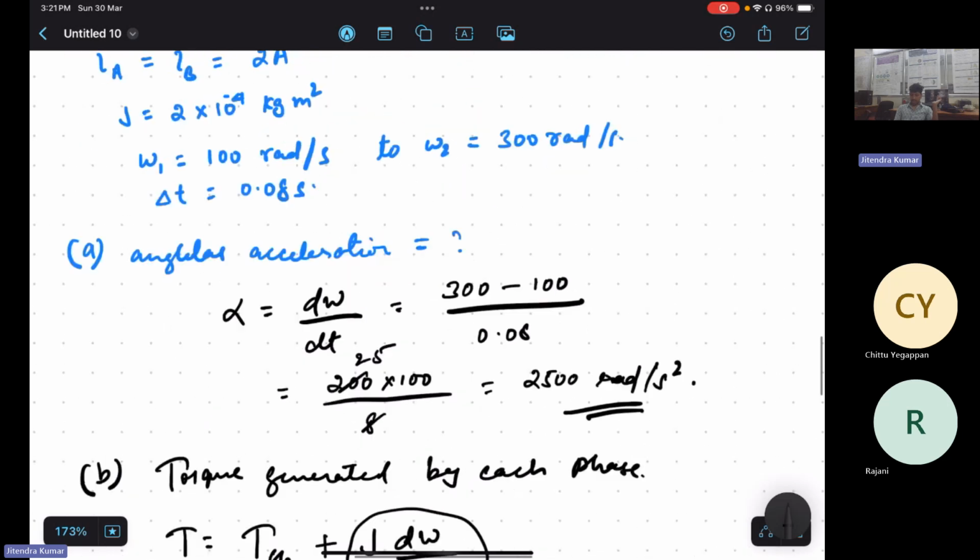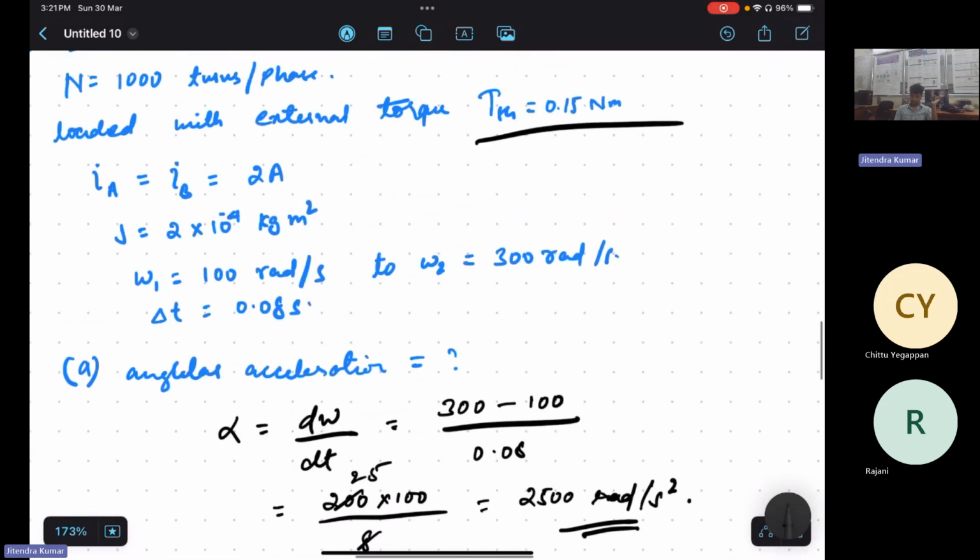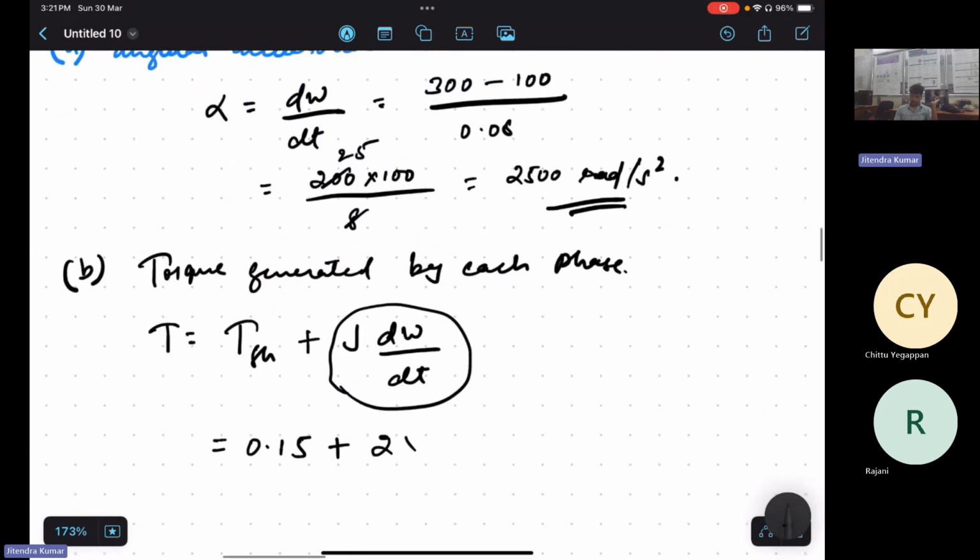Now shaft torque is mentioned here, 0.15. J is given 2 into 10 to the power minus 4. D omega by dt we have just calculated, which is 2500.